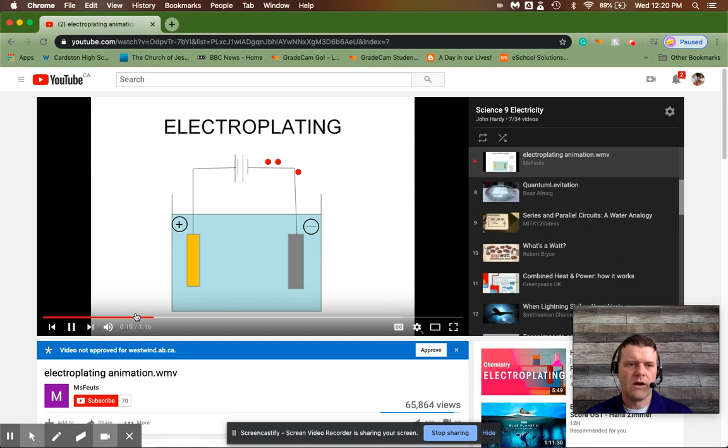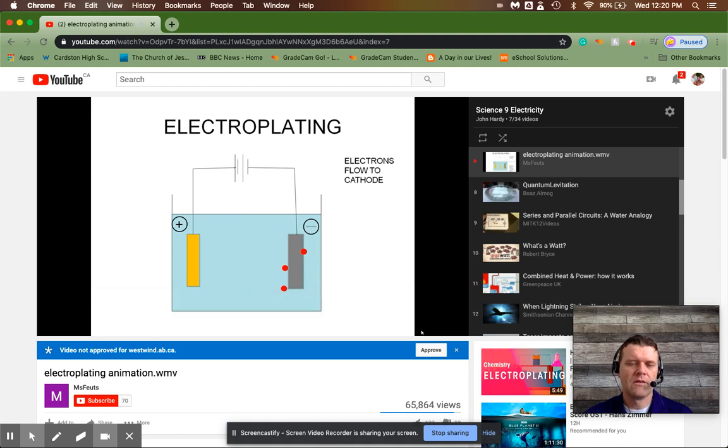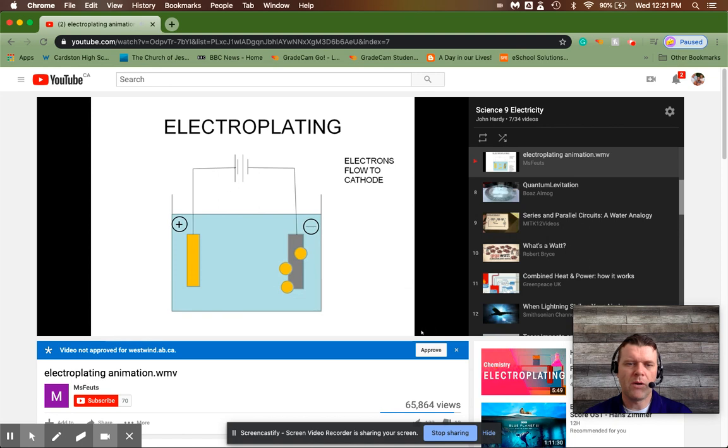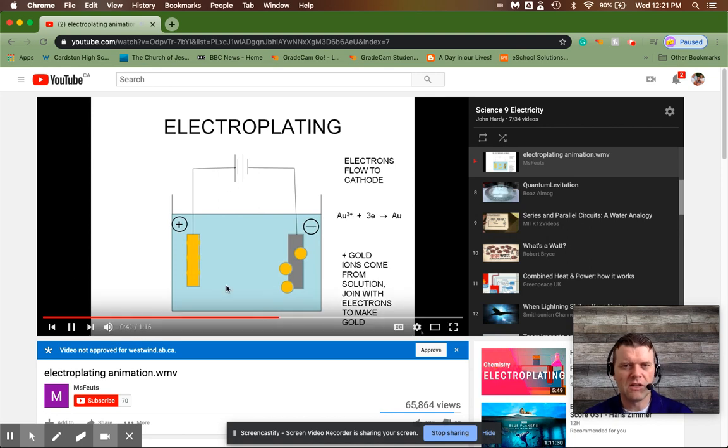And what's happening here is the electrons will go to the inexpensive metal, and as they accumulate there, inside the solution are gold ions. Okay, gold would be positive, and those gold ions will be attracted to the negative electrons.